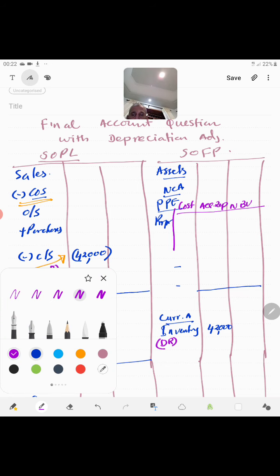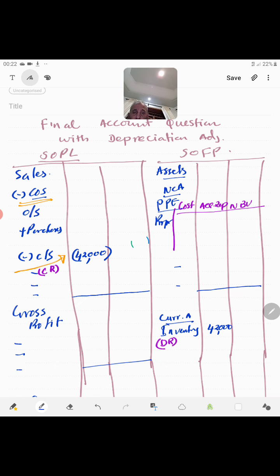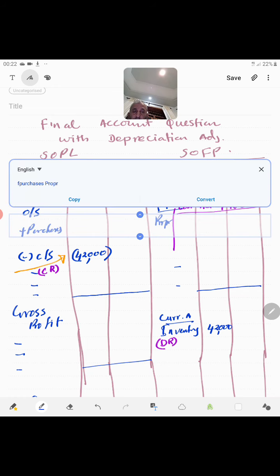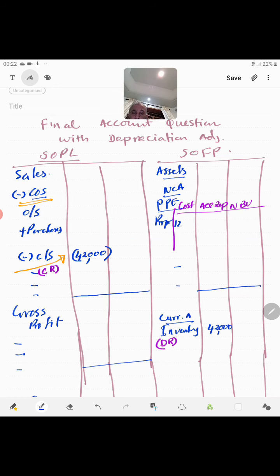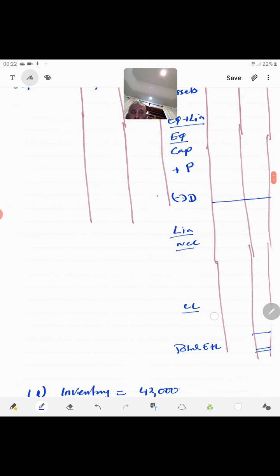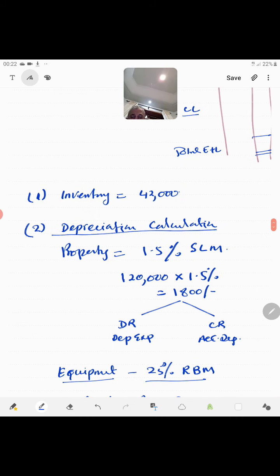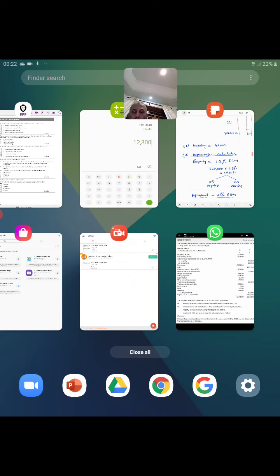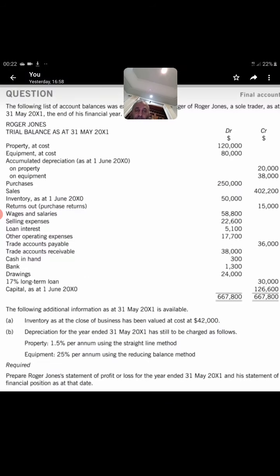The property cost is 120,000, and the depreciation, we have to find out the previous depreciation in the trial balance, which is 20,000.